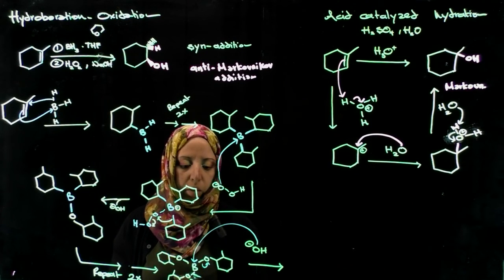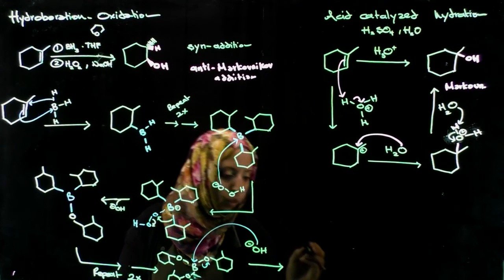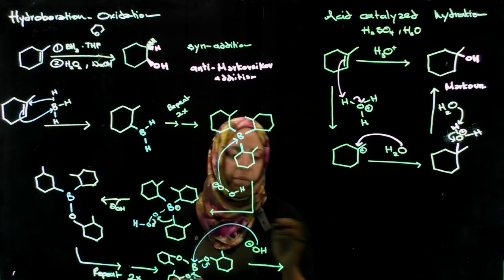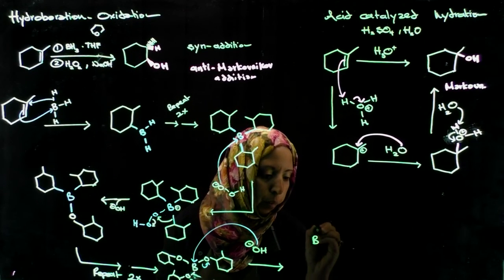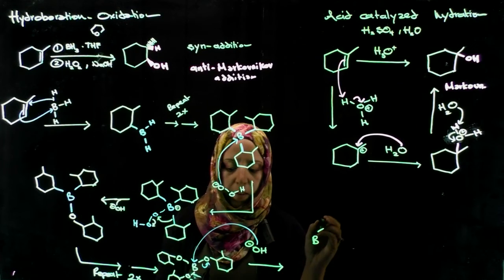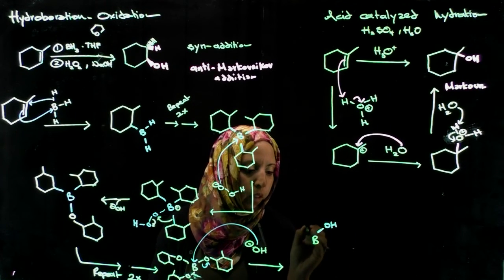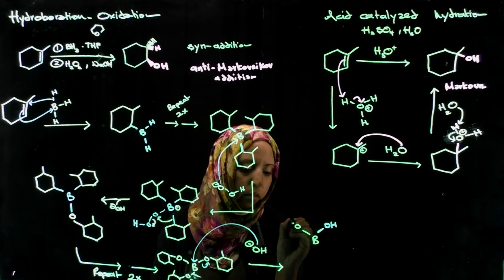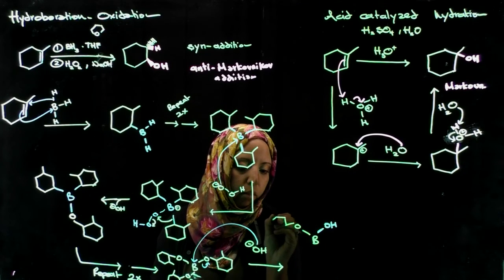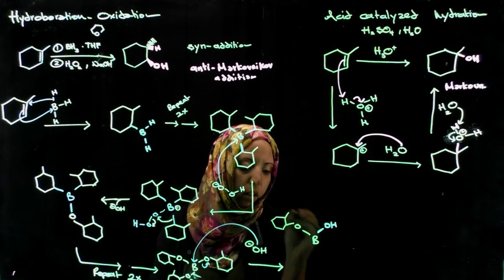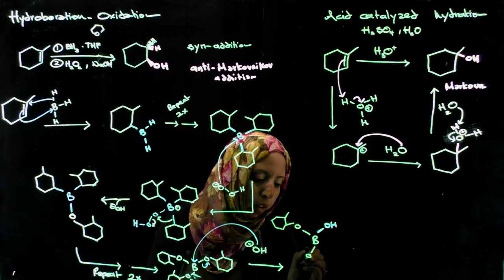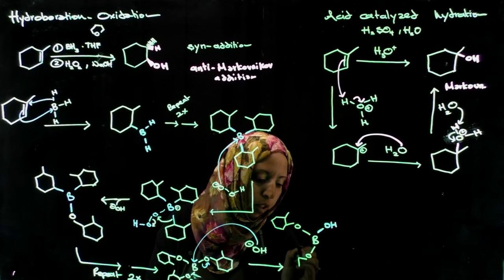So that's our leaving group. And then what we end up forming is something that looks like this. So you have the boron. It now just formed a bond to the alcohol group. You have still the 2 bonds to the substrates.